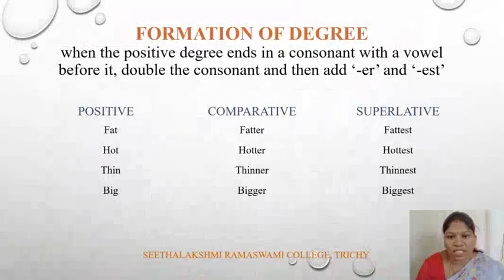When the positive degree ends in a consonant with a vowel before it, double the consonant and then add er and est. Examples are fat, fatter, fattest; hot, hotter, hottest; thin, thinner, thinnest; big, bigger, biggest.